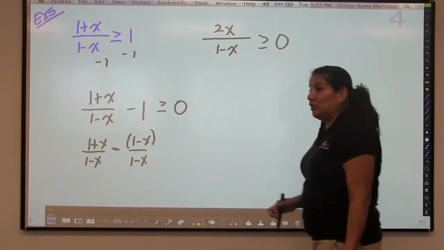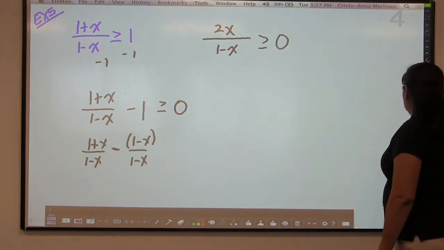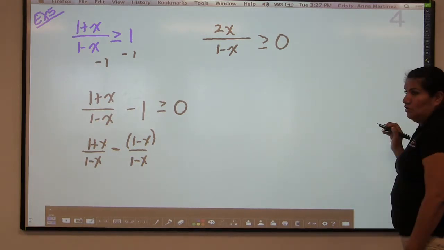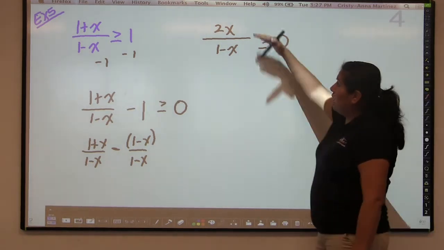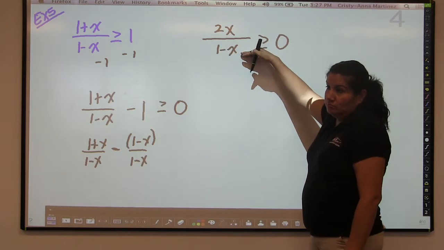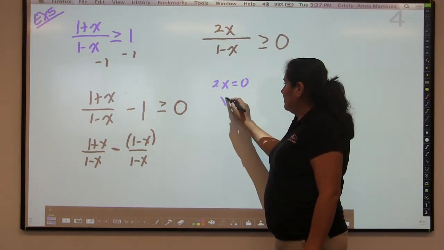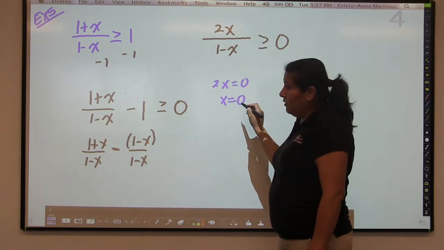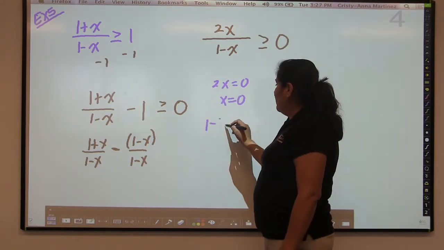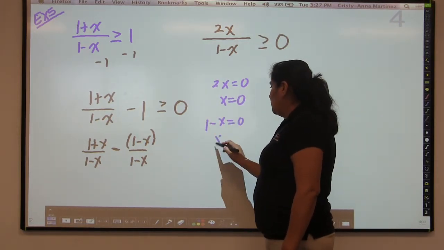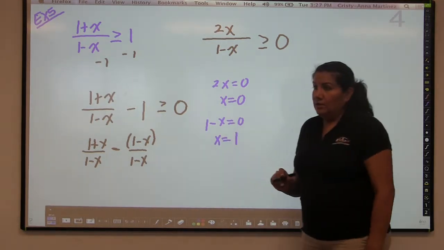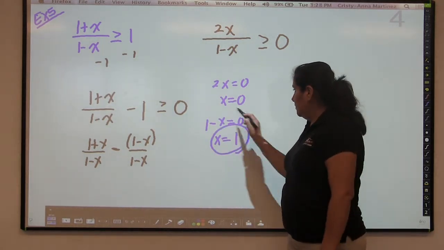So then how do we find critical numbers? You find critical numbers in the case of a rational function like this by making the top and the bottom equal 0. So 2x equals 0, so then obviously x equals 0. That's one critical number. And if 1 minus x equals 0, then x equals 1 is a critical number. So we have two critical numbers.